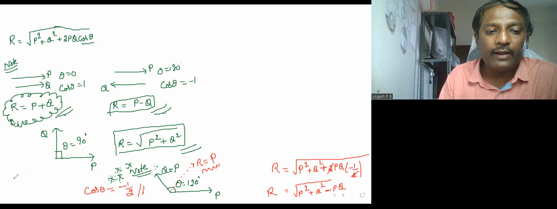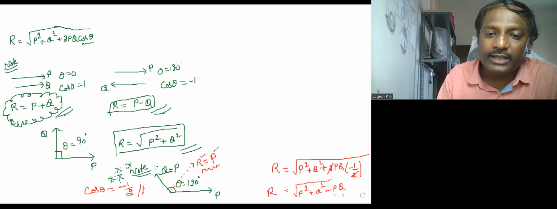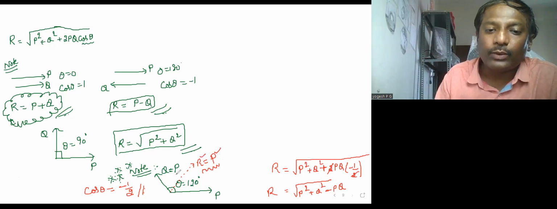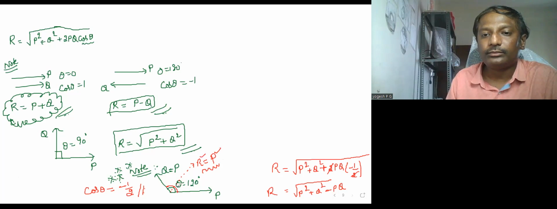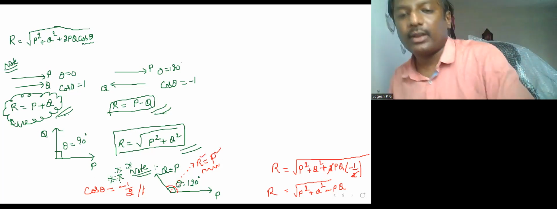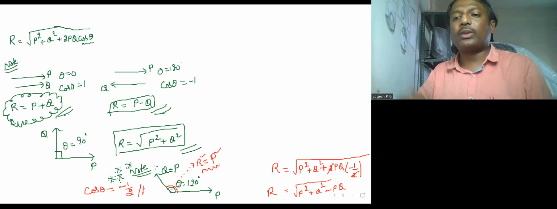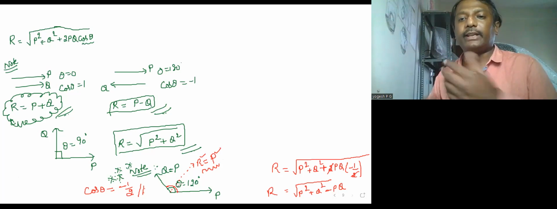If two equal vectors are acting and the resultant is also equal to that vector, then what is the angle between the two vectors? 120 degrees. They will put this in the MCQs: the resultant of two equal vectors is equal to the given vector, what is the angle between them? 120 degrees.